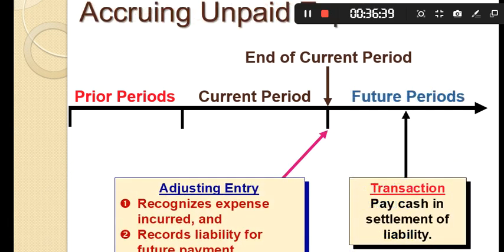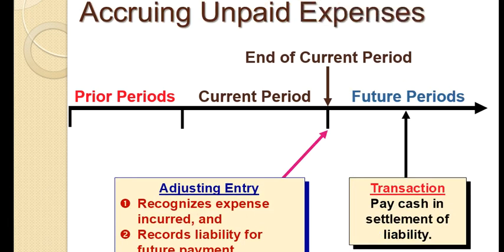It is basically related to accruing unpaid expense. Accruing unpaid expense relates to current to future, a very easy concept. In an adjusting entry you are recognizing the expense: the expense occurs and is incurred in the current period, but we will not pay at the time, and we are going to pay in a future time, like your salary.